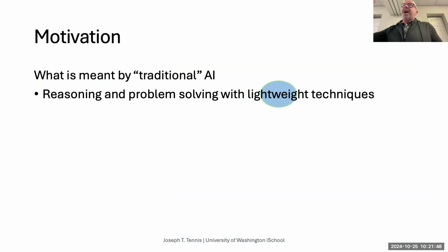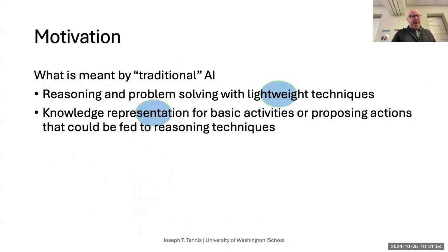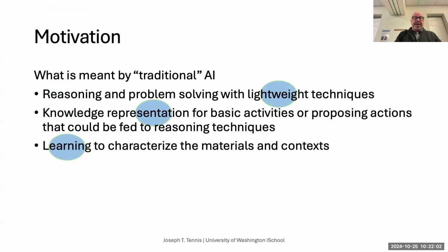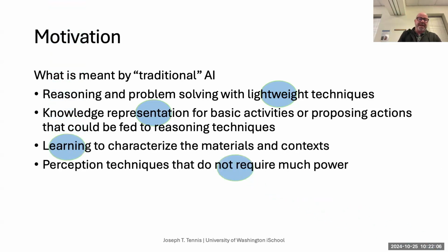But what I'm operationalizing as traditional AI is reasoning and problem solving with lightweight techniques, knowledge representation for basic activities or proposing actions that could be fed into reasoning techniques, or learning to characterize the materials and contexts in the chain of preservation, or perception techniques that do not require much power. So this is how I'm coining the term. This is traditional in that sense. That's the same thing. They're interchangeable.